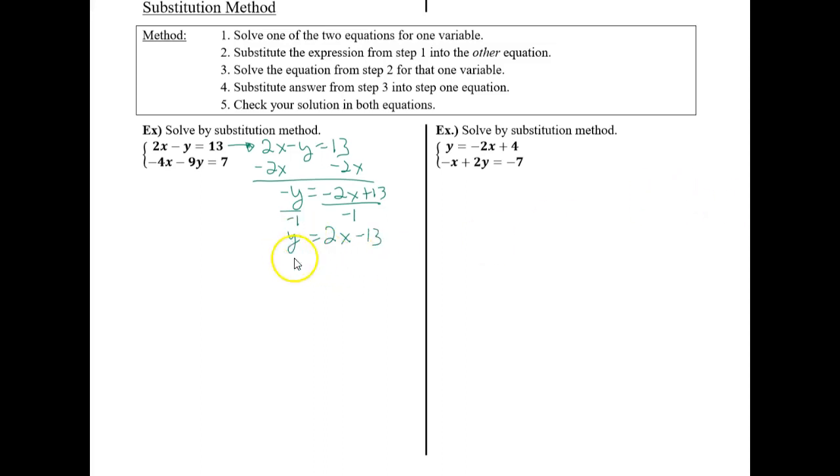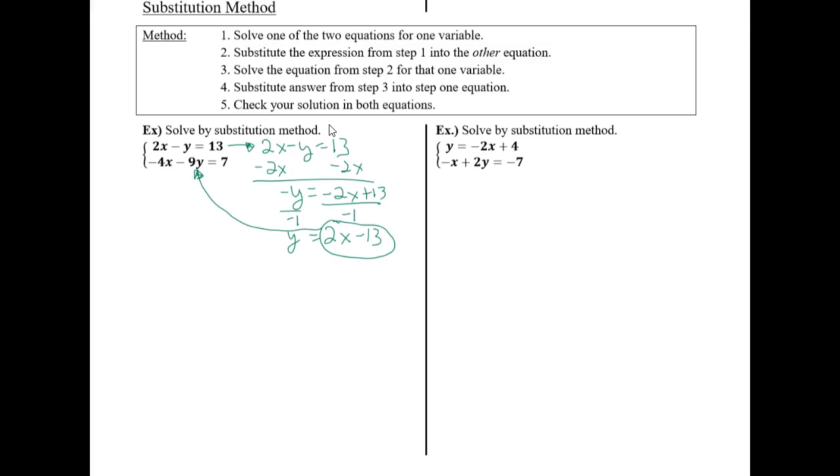Now that I have this equation solved for y, and I used it from the first equation, I'm going to substitute this expression in to this second equation. We know y equals 2x minus 13. I'm going to put this in for y. I'm going to substitute it in for that y in the second equation.